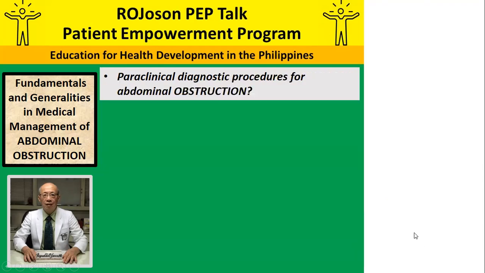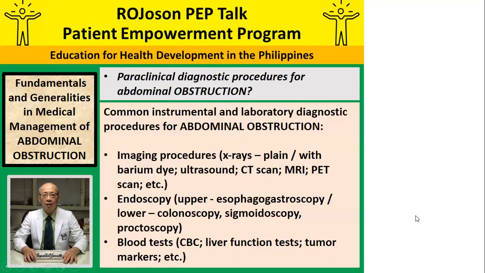Okay. So, paraclinical diagnostic procedures for abdominal obstructions. Common instrumental and laboratory diagnostic procedures for abdominal obstructions will be the following: imaging procedures, X-rays, plain or with contrast dye, and then ultrasound, CT scan, MRI, PET scan, etc. The other common diagnostic procedures will be endoscopy, upper and lower endoscopy.